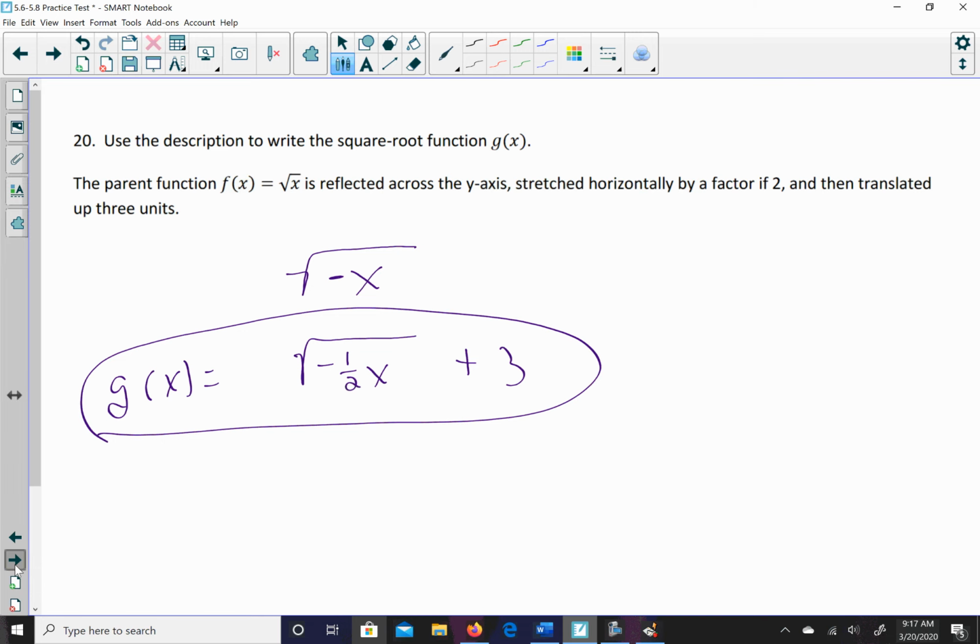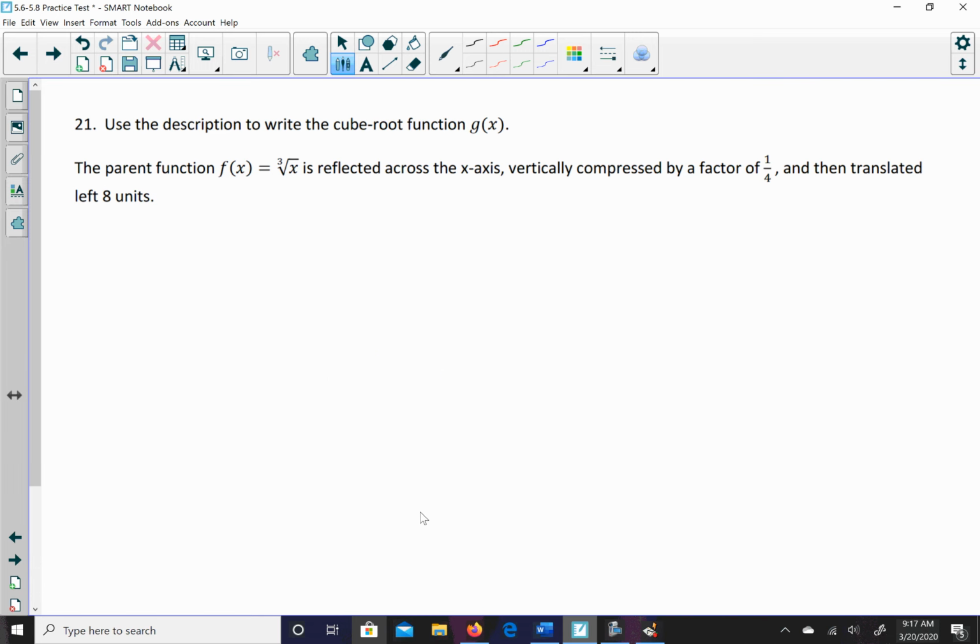Moving on to number 21, you're doing the same thing. You have the cubed root of x, so I'm going to start off with the cubed root of x. I'm going to leave myself some room. It is vertically compressed by a factor of 1/4. So vertical means that's outside, which means it is what it is. I forgot this. Reflected across the x-axis, so there's going to be a negative sign there.